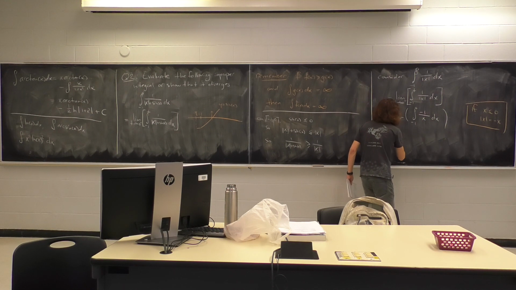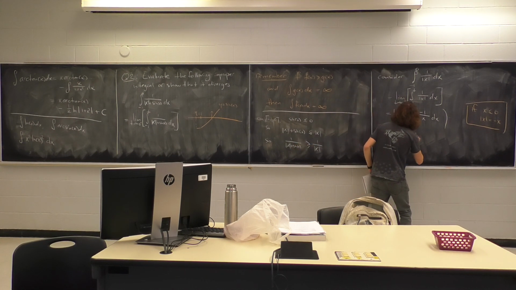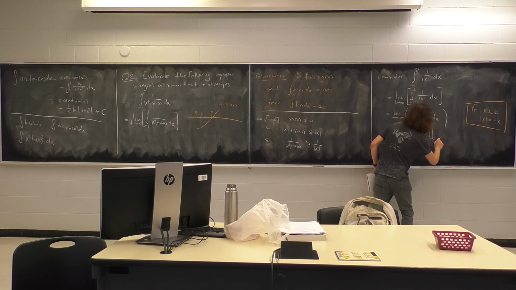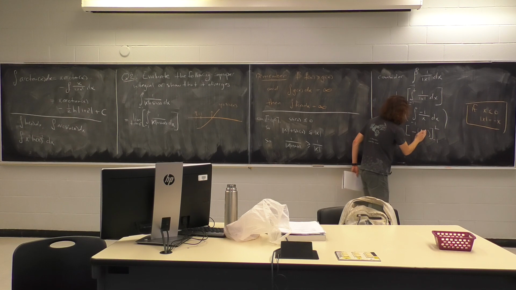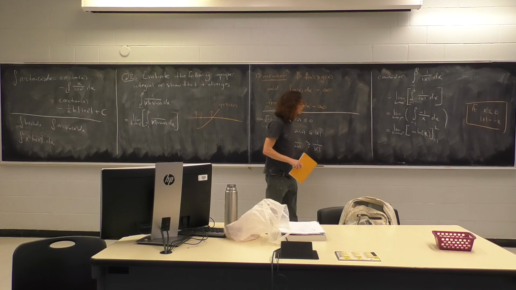So what do we get? The limit as t approaches 0 from the left of this integral here, and look, we wrote it before. The integral of 1 over x is ln. So the integral of minus 1 over x is minus ln. Minus ln of the absolute value of x is an antiderivative, and I evaluate this at the boundary points.